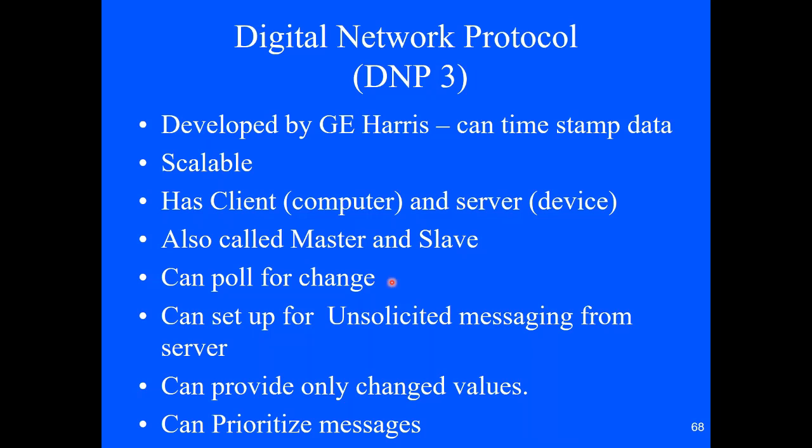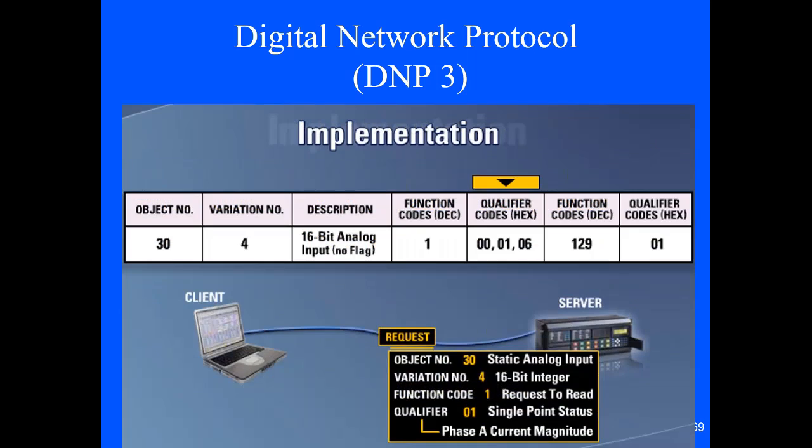It's kind of cool because it can just poll for changes. So instead of getting all that data like Modbus did, you can just poll for changed data. You can also set it up so once an hour it says, give me what your A-phase current is. It can only provide change values and you can prioritize. So that's a cool protocol for those things.